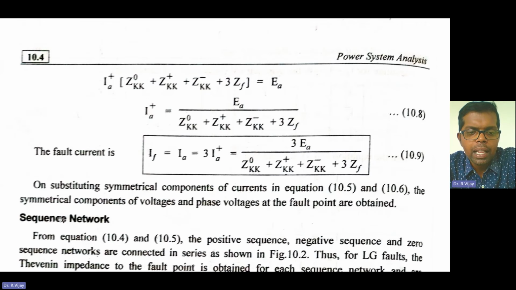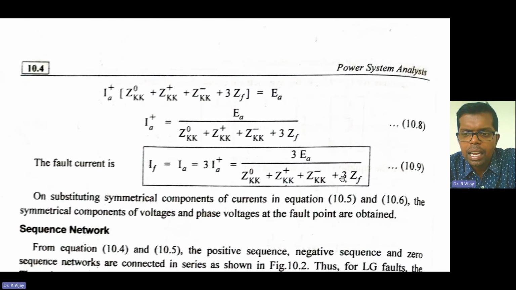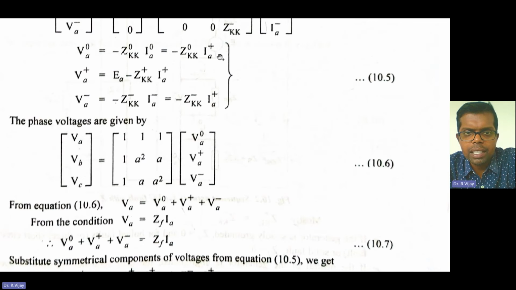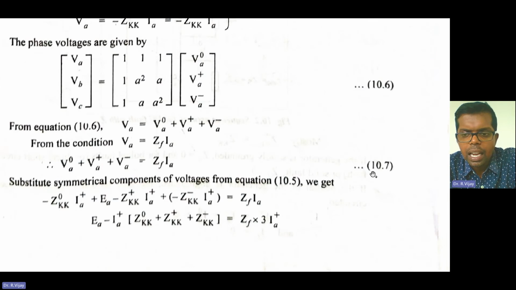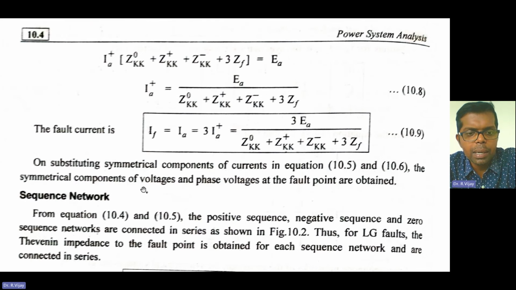On substituting the symmetrical components of the current in these equations, the symmetrical components of voltage and phase voltage at the fault point are obtained. Now we have calculated the fault current.